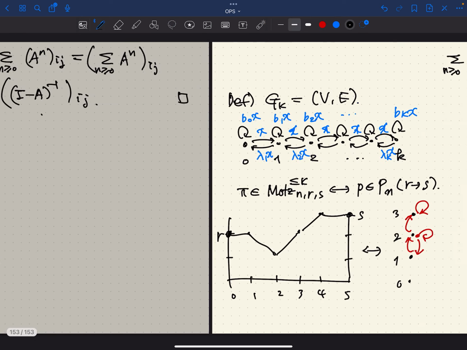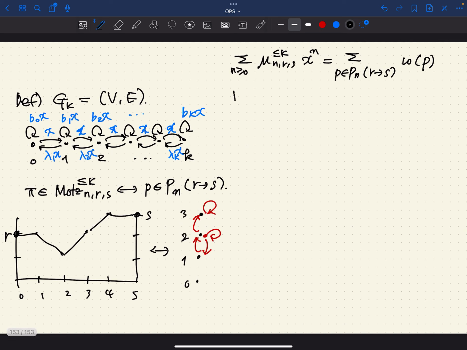Let me rewrite this. We have the different index by a proposition. This can be rewritten. This is now minus 1 to the r plus s, the determinant of I minus A.